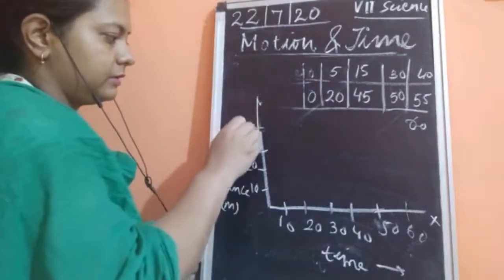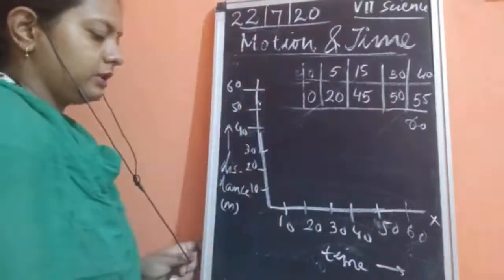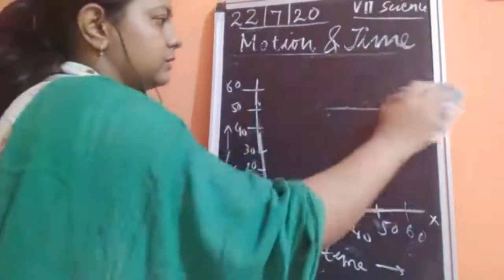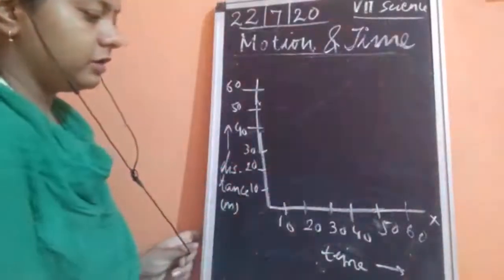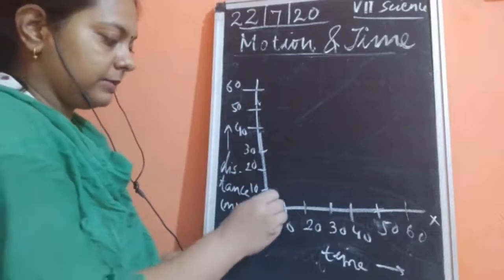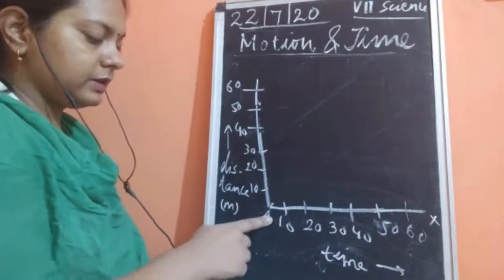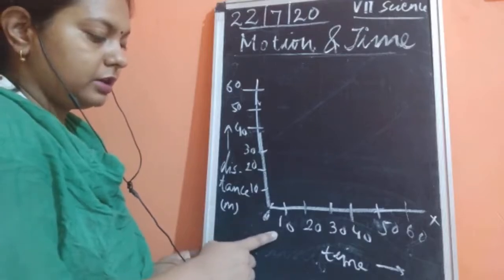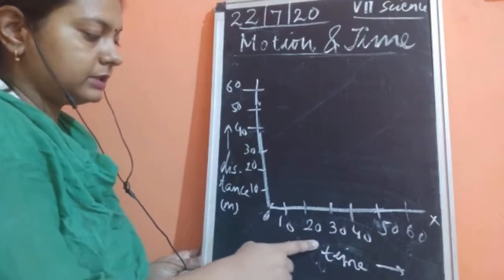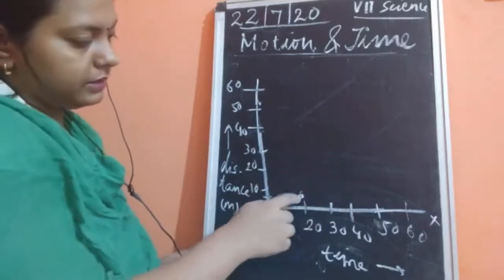So we'll draw a graph. With 0 time, how much is the distance traveled? It is 0. In 20 seconds, the distance is 5, somewhere here.